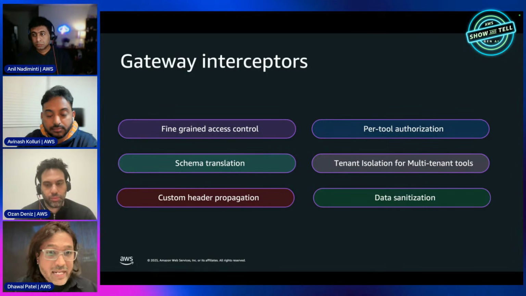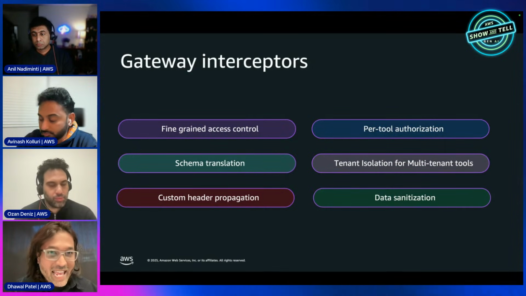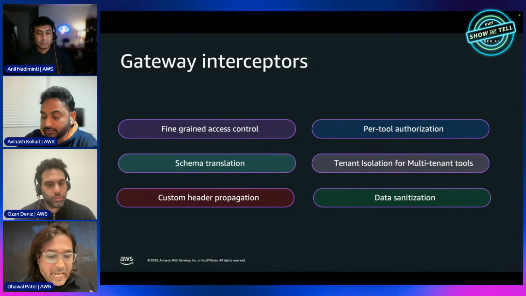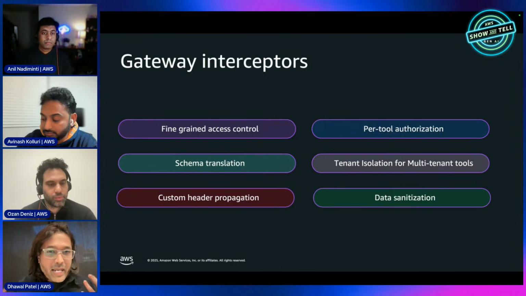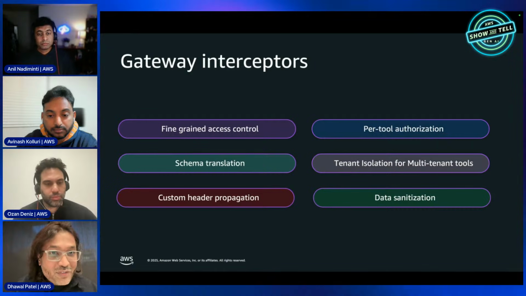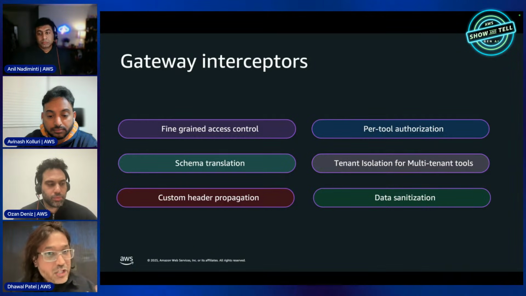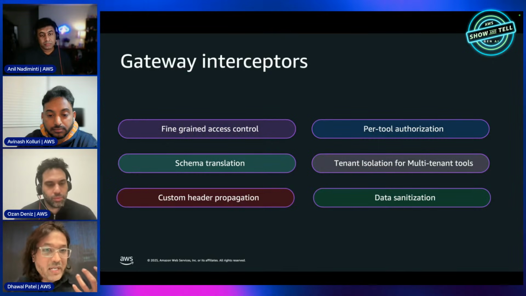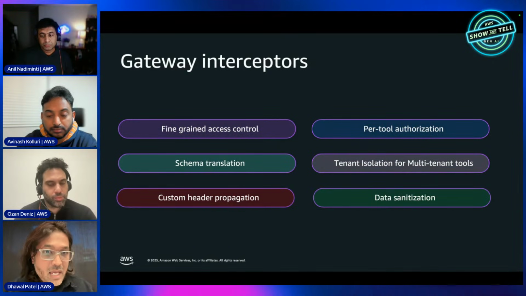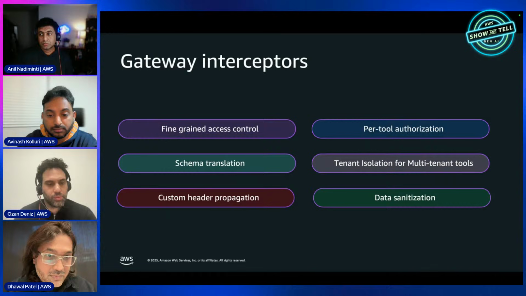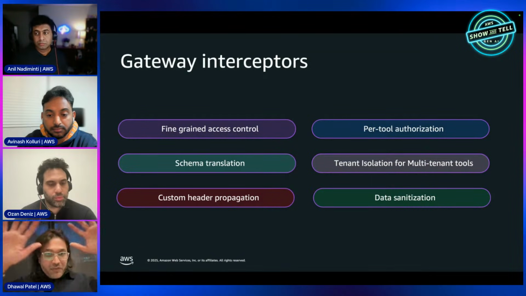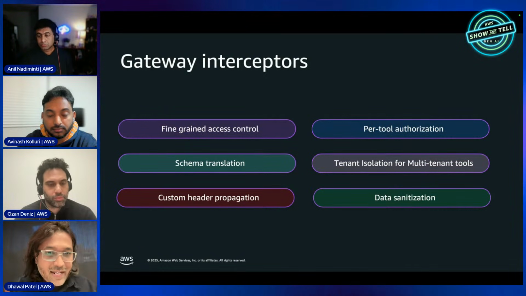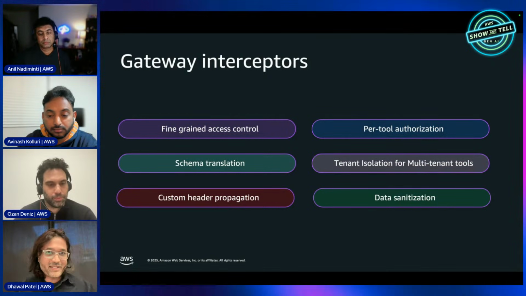Sometimes in a regulated industry like healthcare or finance, there are cases where SPI, PII or PHI data might be coming from the downstream systems, and you don't want your AI agents to access it, or you want to be very particular about whether they can, and that's where data sanitization comes into play. All of these use cases are unblocked now with the introduction of Gateway Interceptors.